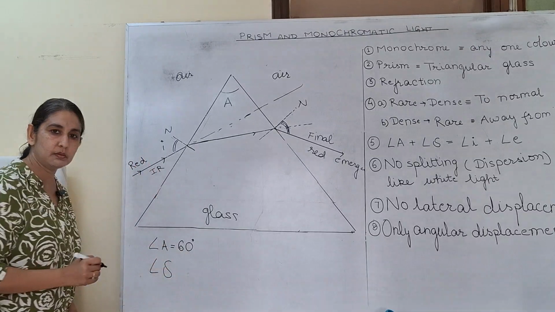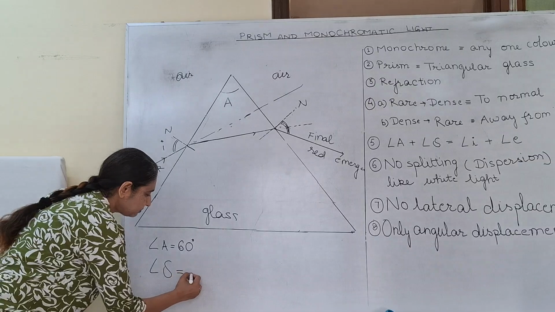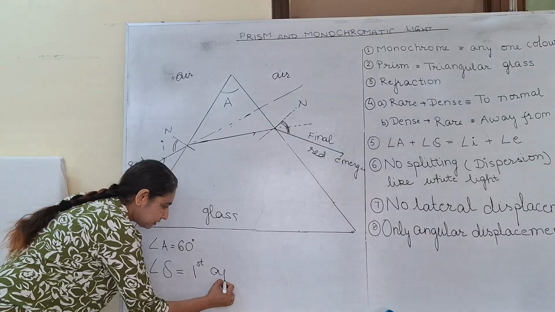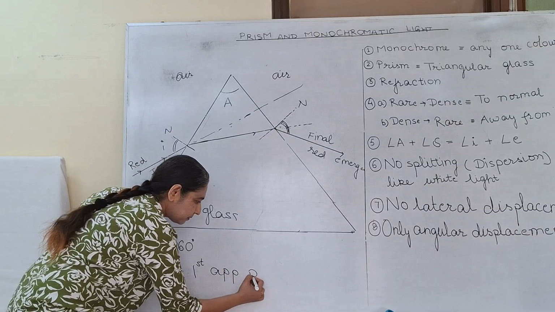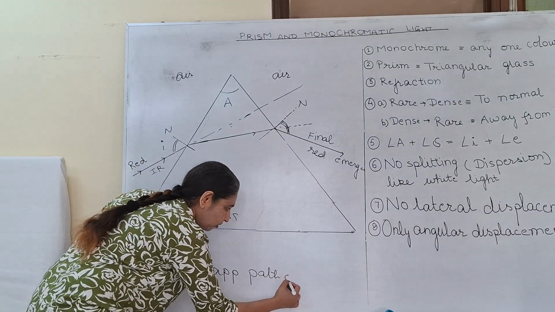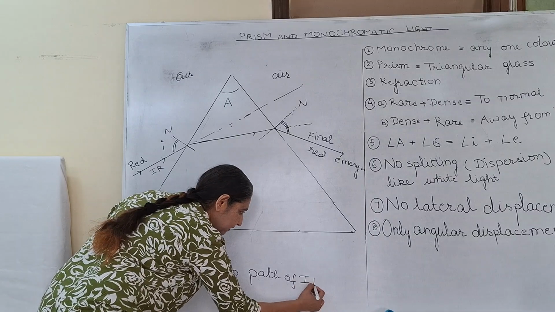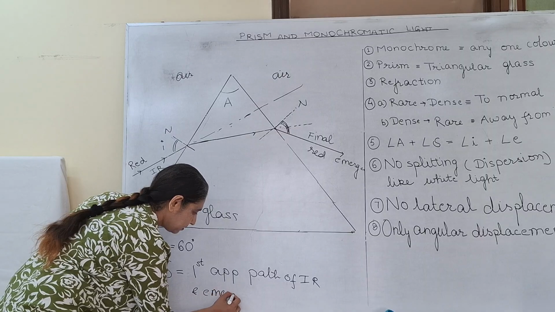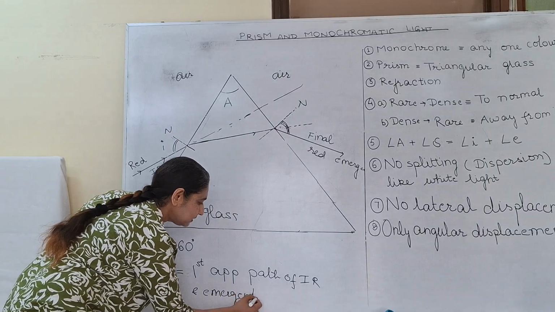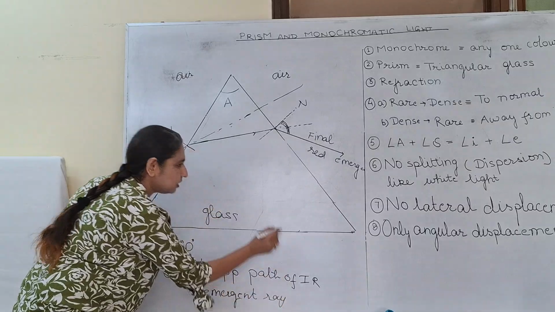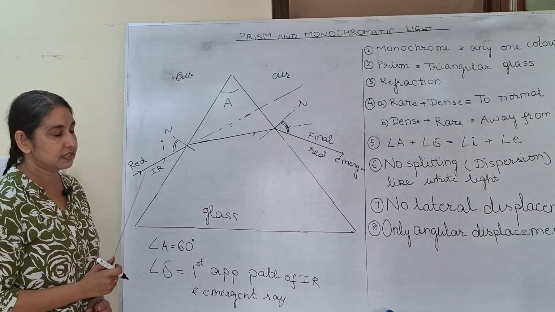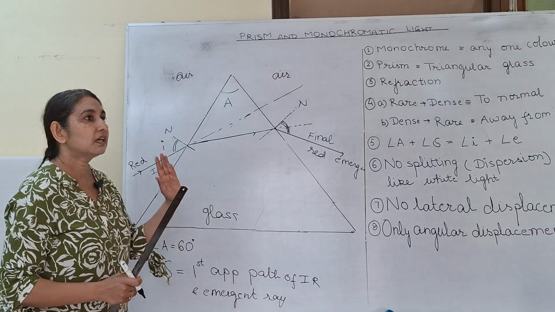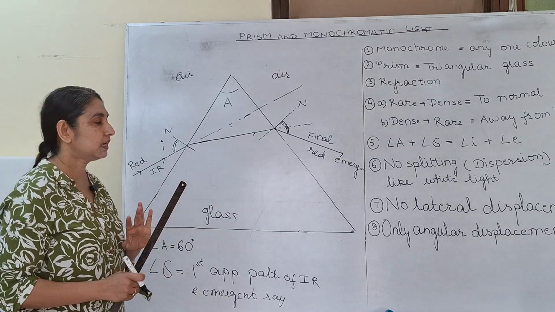Angle of deviation is between the first apparent path of the incident ray and the emergent ray. It means where the incident ray should have gone, and where the emergent ray seems to be going from.